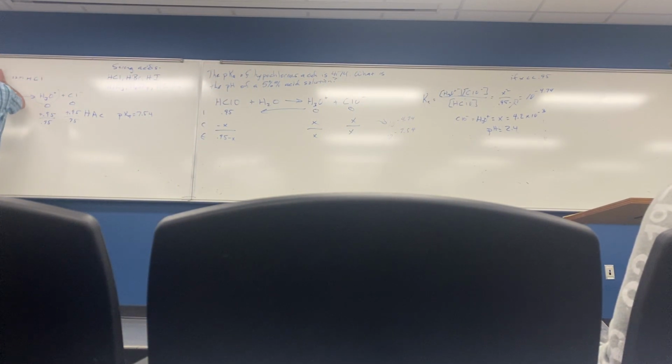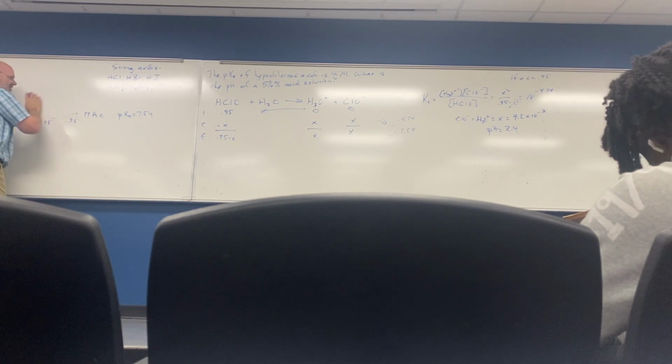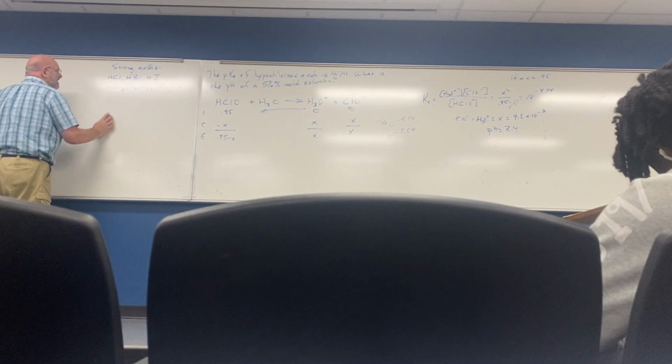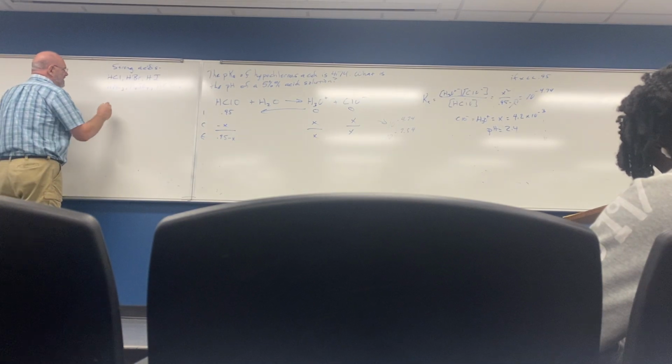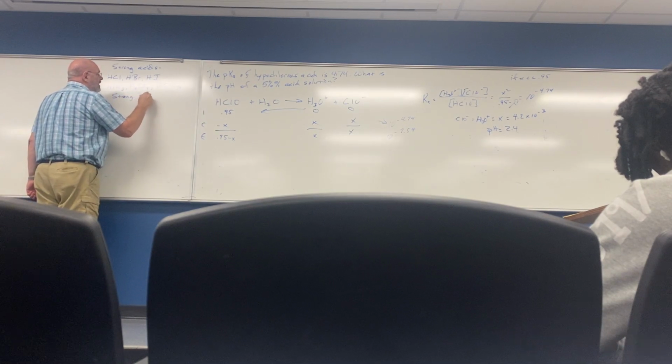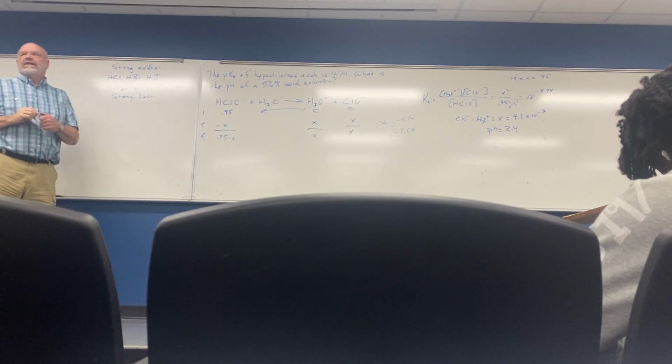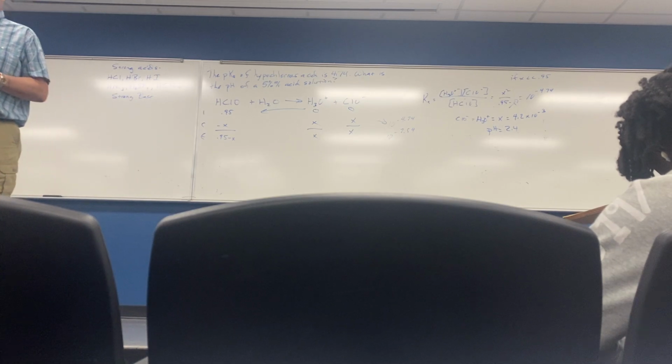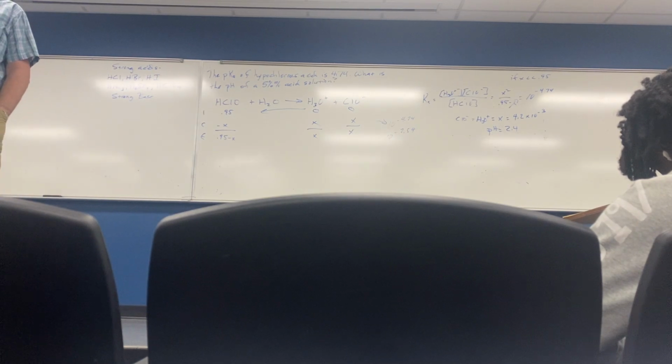So let's talk for a little bit about bases. What if I got a base? First off, let's talk about strong bases. What do you think a strong base is going to do? Fully break up. That's what strong means, right? Totally breaks up.